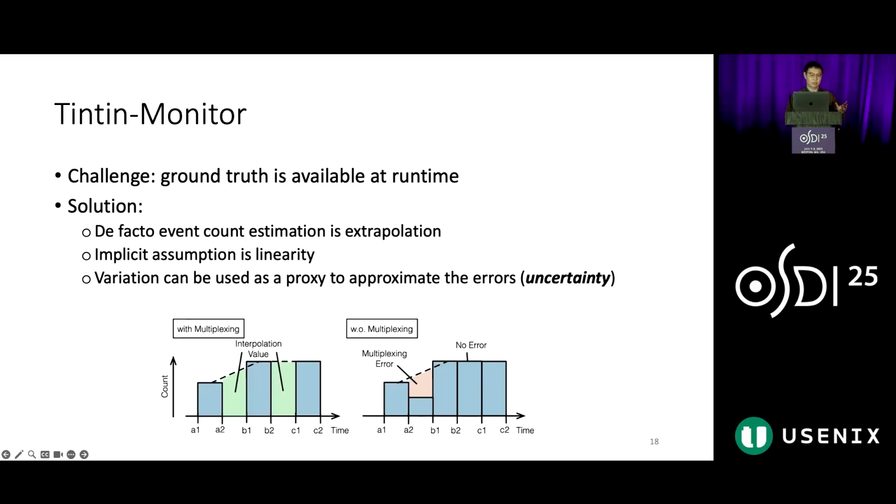This means if two consecutive measurements are closer to each other, the extrapolation will be more accurate. In contrast, if it varies a lot, the errors are larger. So based on this, we design the monitor. It calculates the measurement variation at runtime and uses this to estimate the multiplexing errors.